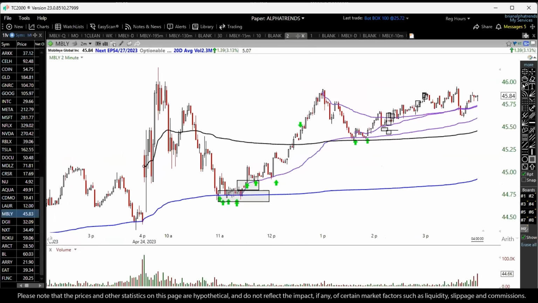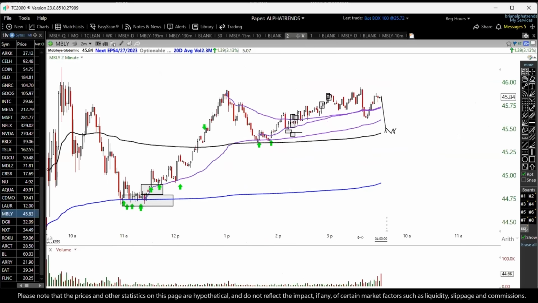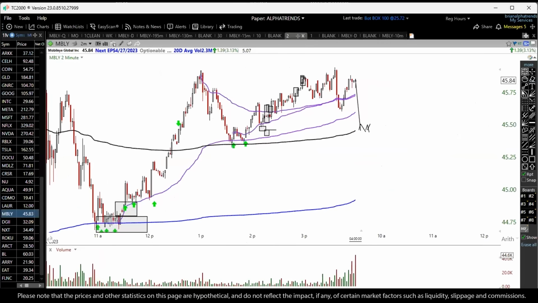So tomorrow morning I would be looking for this stock ideally to come down in here, touch on this 2-day VWAP, and then as it gets back above tomorrow's volume weighted average price, so tomorrow's VWAP would look something like this. So it would come down, and I would want to be a buyer right here as it gets above the daily VWAP with a stop under the second day VWAP.